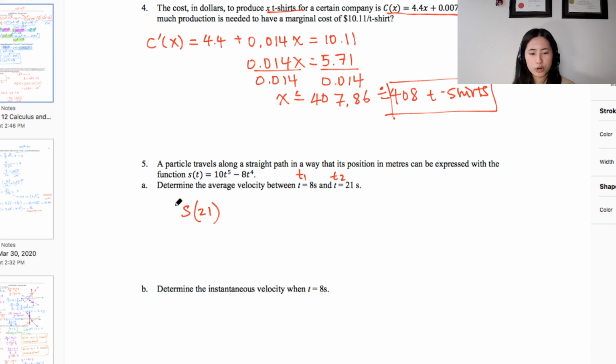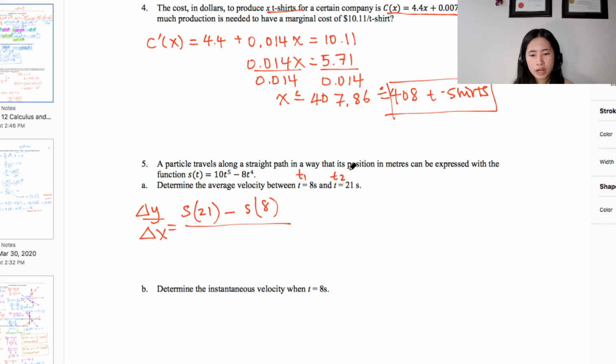You can just say this is delta y over delta x. Your delta y would be your function; remember, if it's a function, it would be y. So you're taking the second one minus the first one, or final minus initial: s of 21 minus s of 8.